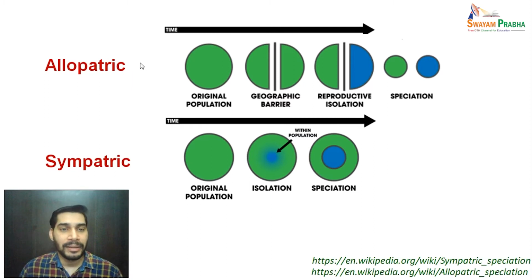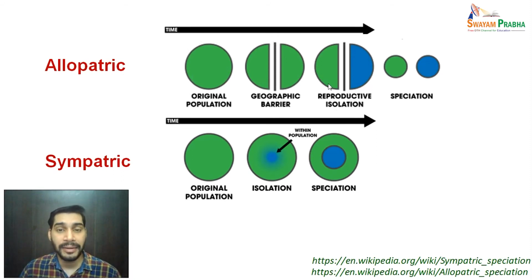This is the simple demonstration of allopatric and sympatric speciation. With time, let us see if this is the original population and there comes a geographical barrier in between, which splits the species into two parts.